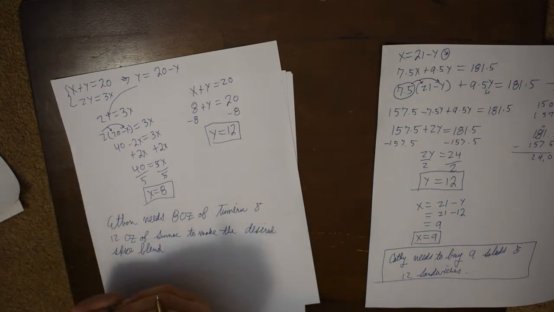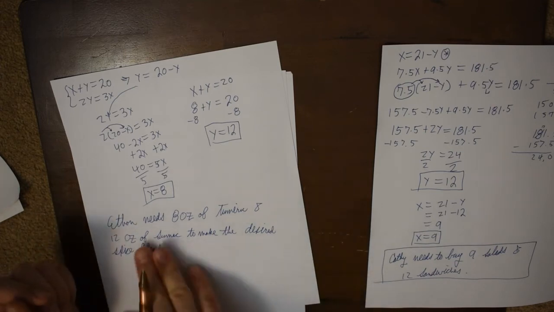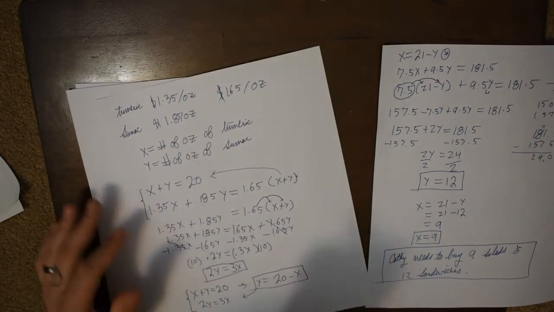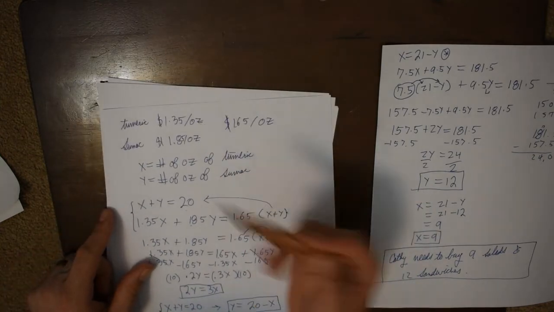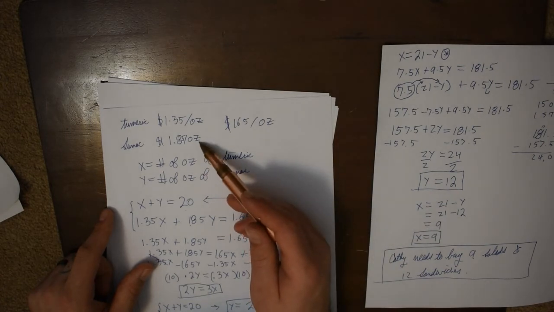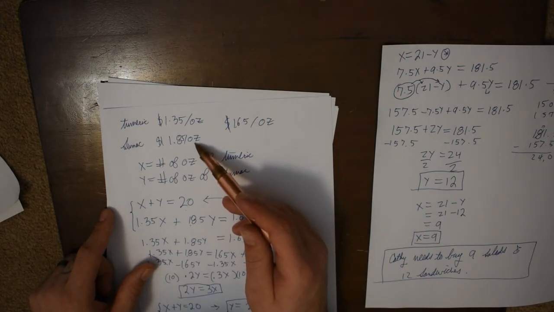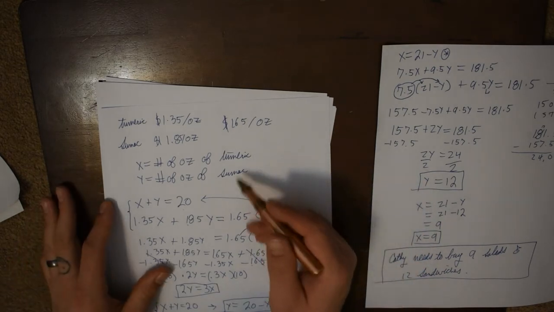So let me reread this question to you and let's go over it. Summit Spice and Tea Company sell ground turmeric for $1.35 per ounce, and they sell ground sumac for $1.85 per ounce. Ethan came along and wanted to make a combination of turmeric and sumac.